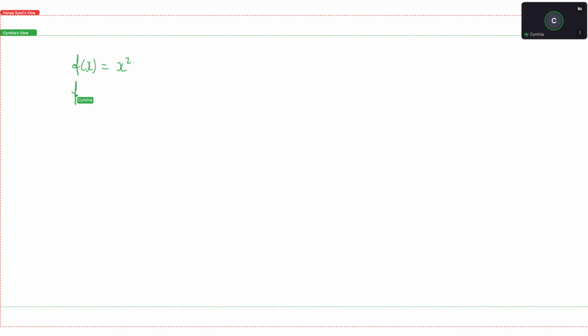If it has a horizontal translation and vertical translation, a translation vector of h, k, the function will become f of x minus h plus k. So what is f of x minus h? How do you do f of x minus h?